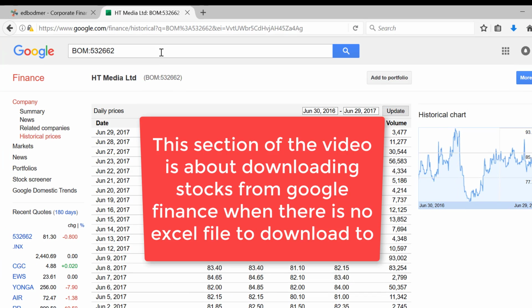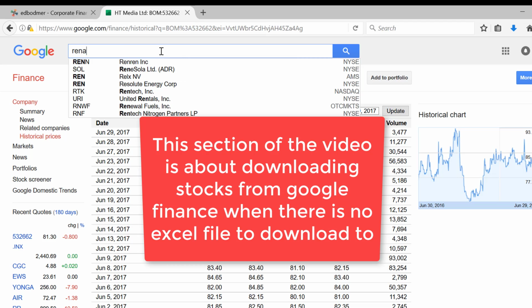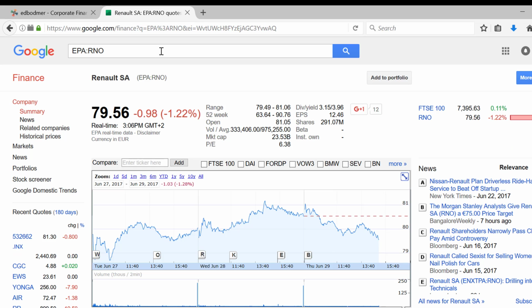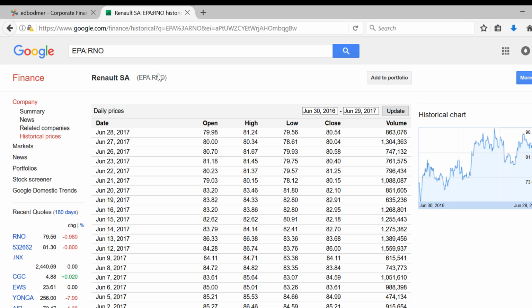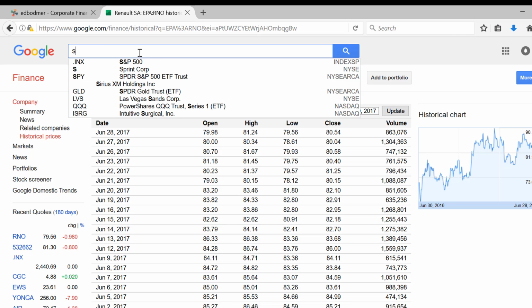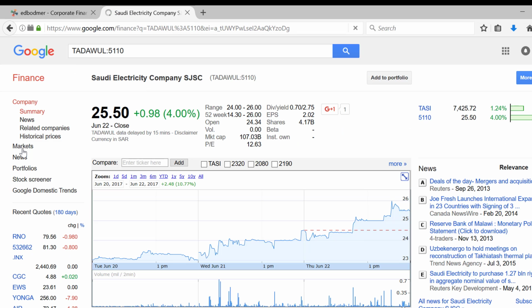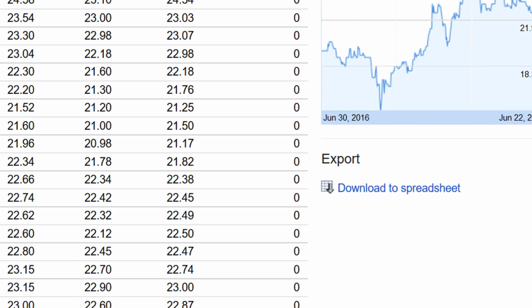If you look at a different company, let's look at Renault and look at their historic prices. They don't have it either. But then let's look at Saudi Cement. How about Saudi Electricity Company? And then we look at their historic prices, and they have it.